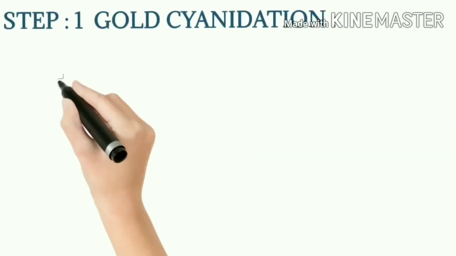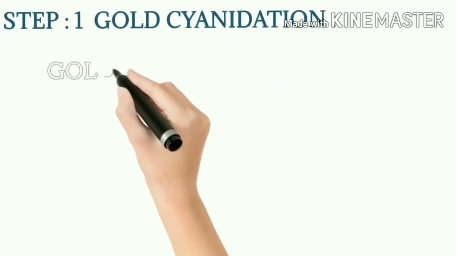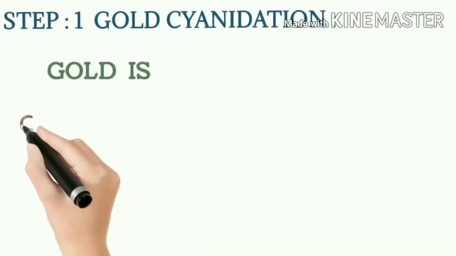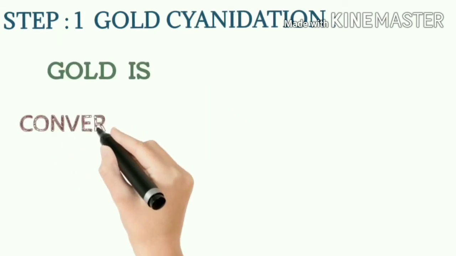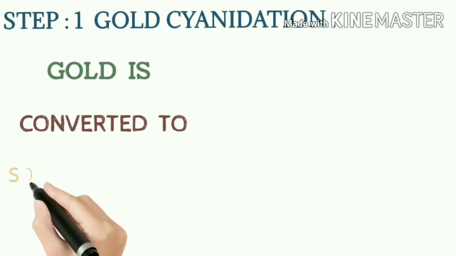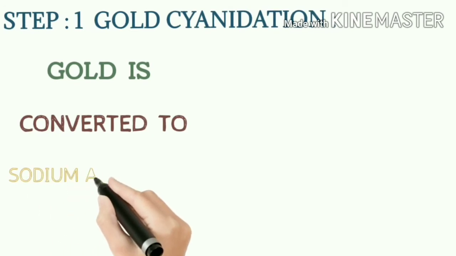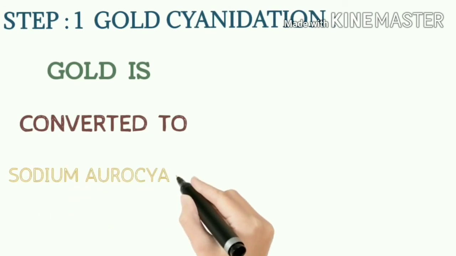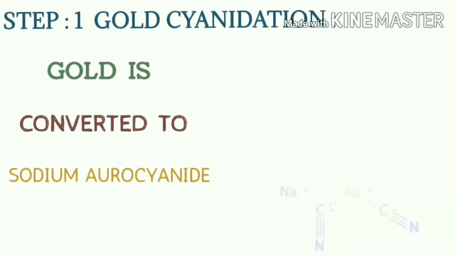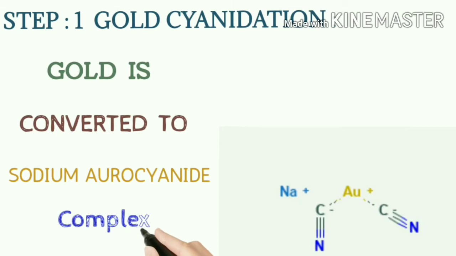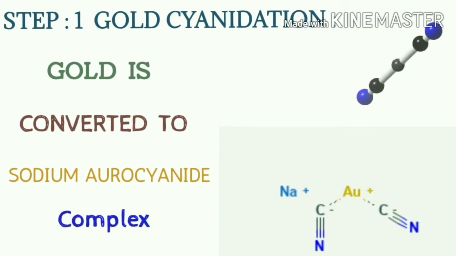Step 1 in the cyanide process is gold cyanidation. What do we mean by that? Gold is converted to a soluble cyanide complex named sodium aurocyanide.